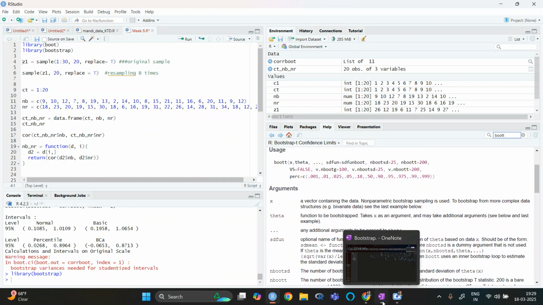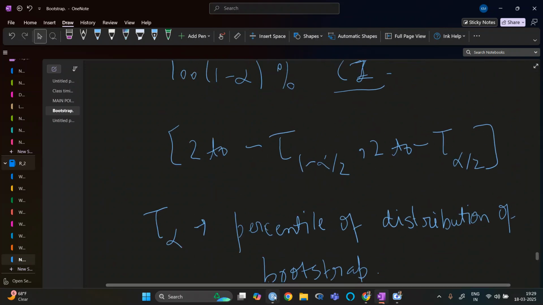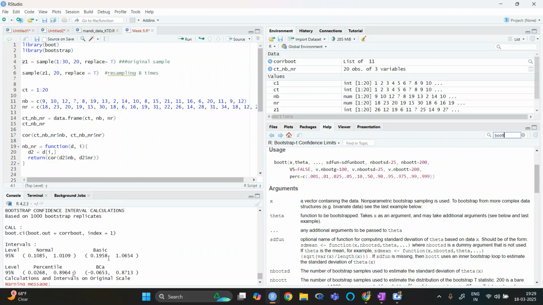As I said with alpha, here it has given for the 95 percentile, so we can take a different percentile, whether 95, 99, or 97.5. Based on that it can find.